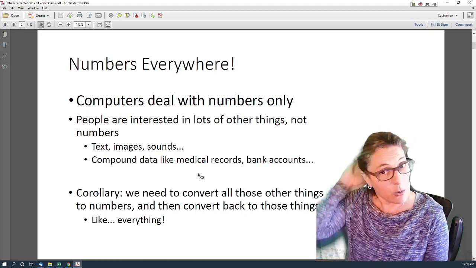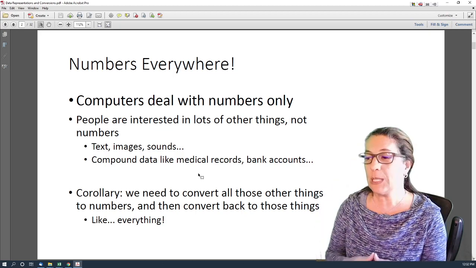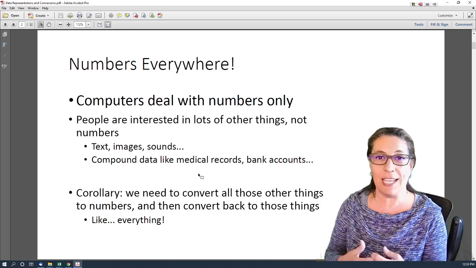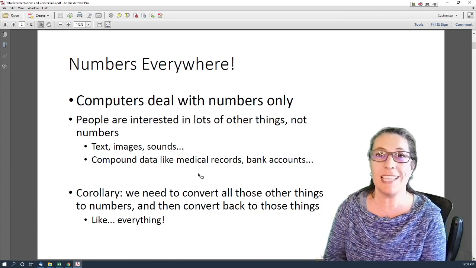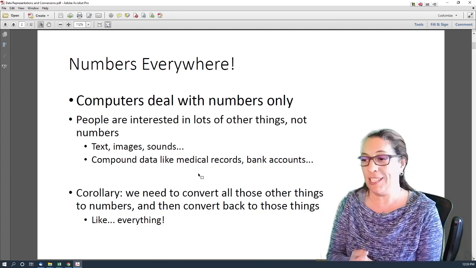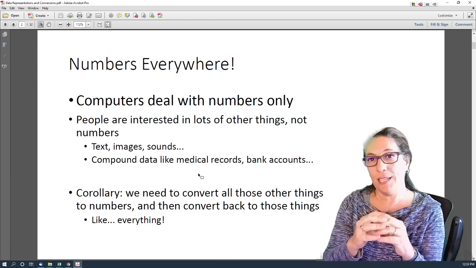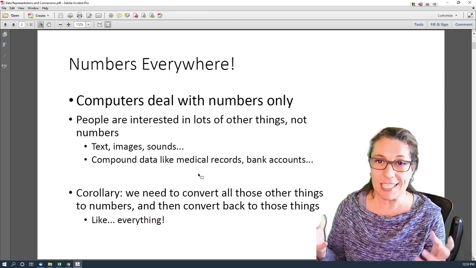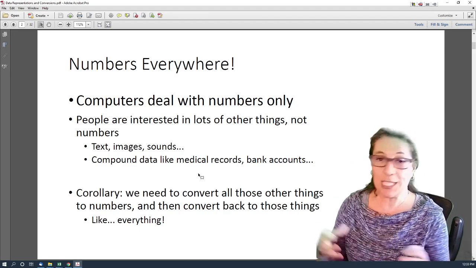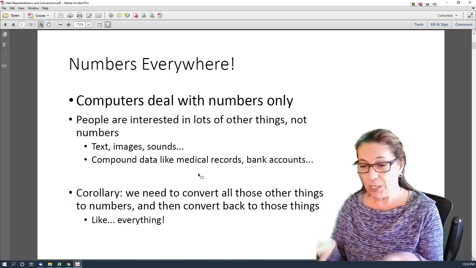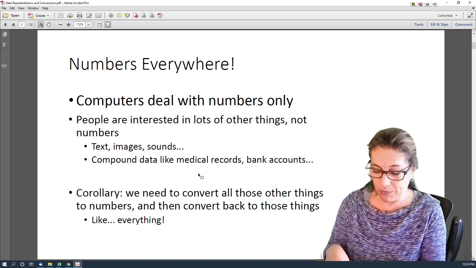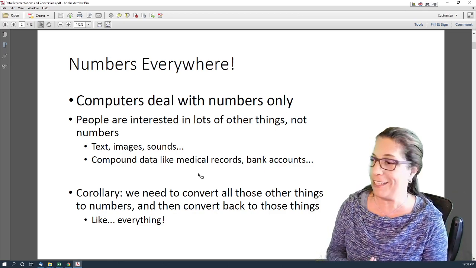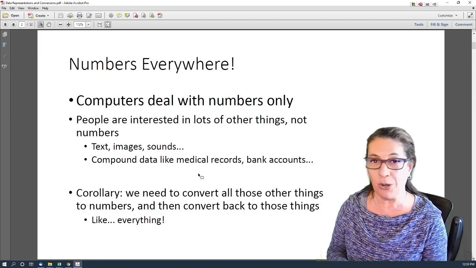And so the corollary of this is, if we want to use computers to do processes that apply to our real world, then we have only one option: we have to convert from the representations that we are used to, like text and images, to numbers, because that's what computers do. And then once the computers do whatever they do with the numbers, they need to show us back again the things that we understand, like text and images and audio and things like that.